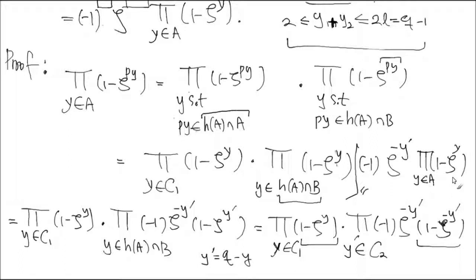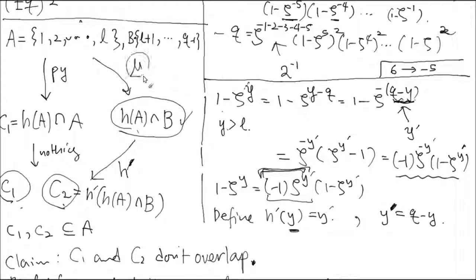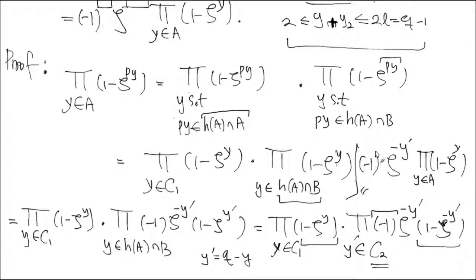Okay? So how many copies of negative 1 are there? Gauss denoted it by mu. That's exactly the number of elements that came over here. The mu of them came over here, right? And then, of course, when you send it back, it's a one-to-one map. So you have copies of mu there.